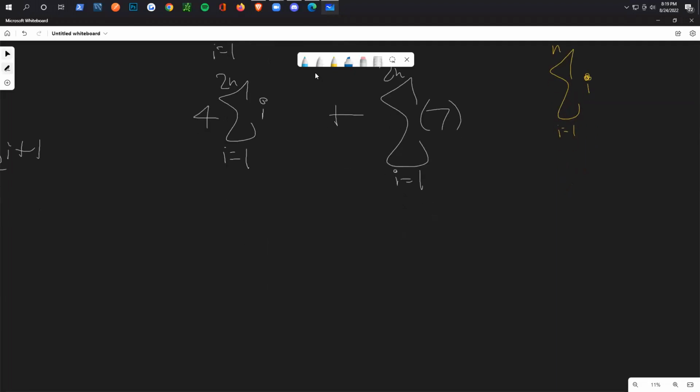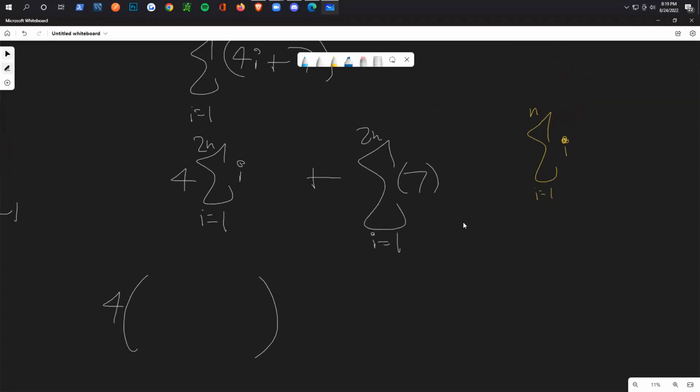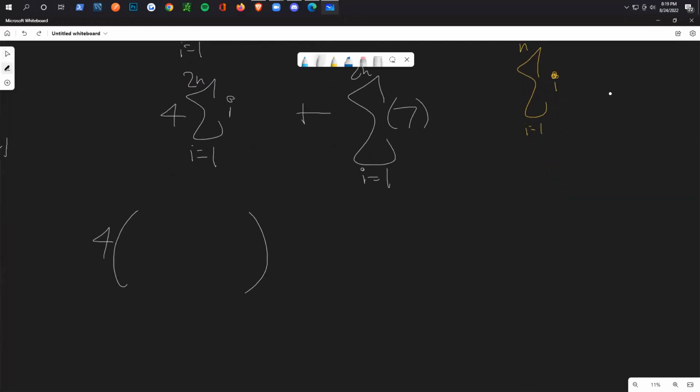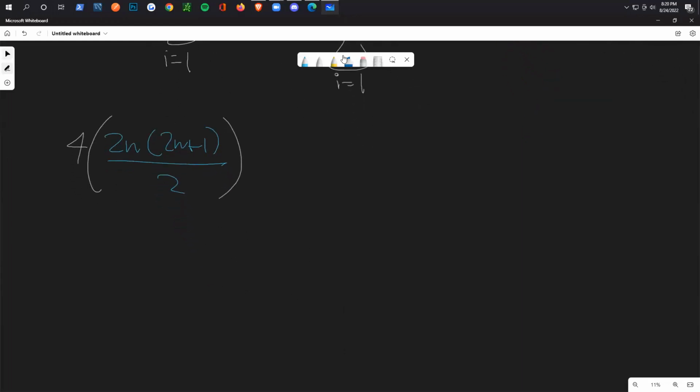So we have 4 times the formula. Again, I'll say this for the 40th time: this is not always going to be n. It's going to be whatever is right here. Remember the formula is n times n plus 1 all over 2. With this n, it's going to be 2n times 2n plus 1 all over 2. Let's solve this out.